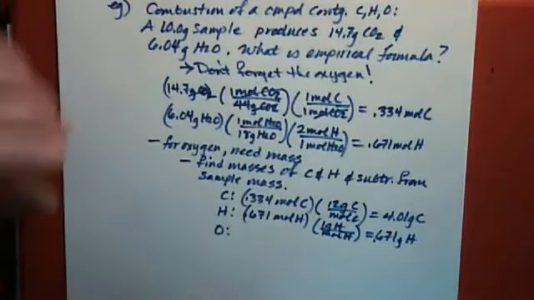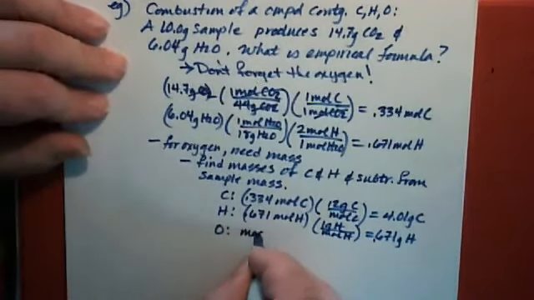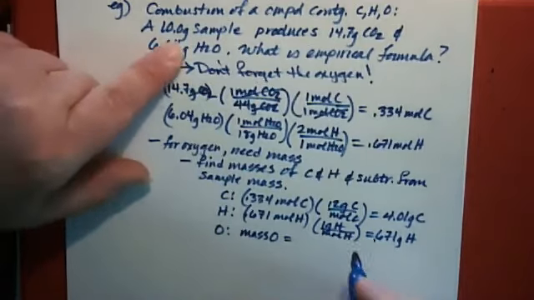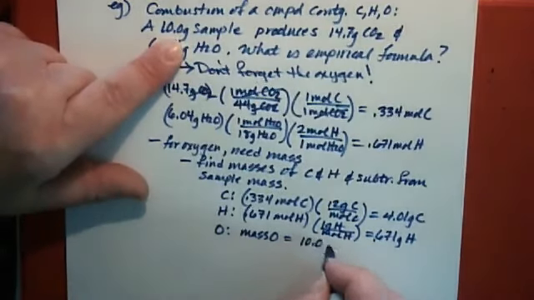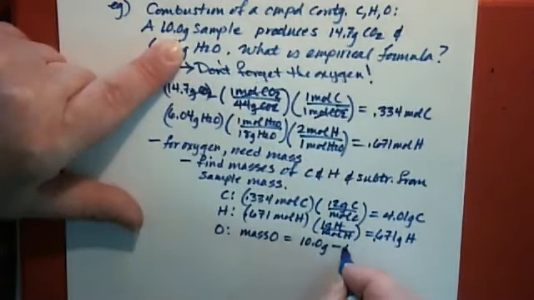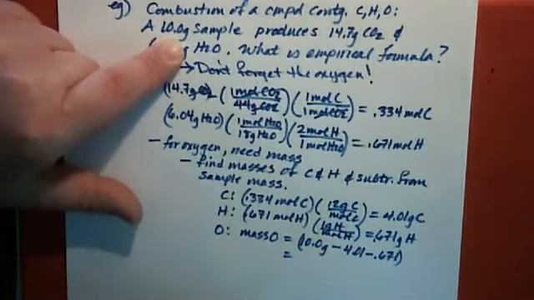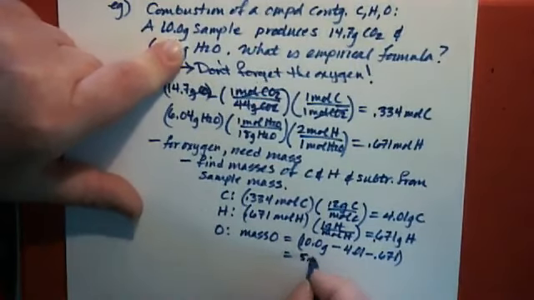Okay, so mass of oxygen is going to equal the sample mass, that's 10.0 grams, minus 4.01 minus 0.671. And that comes to 5.32 grams of oxygen.